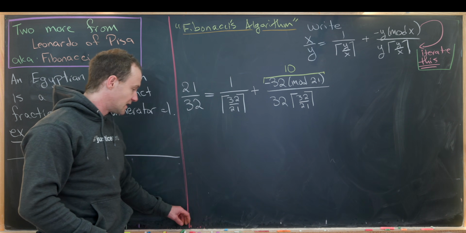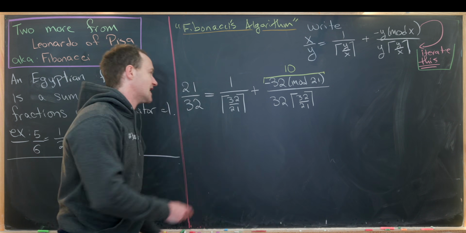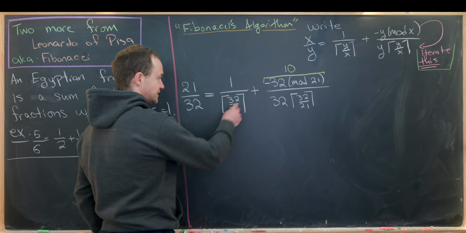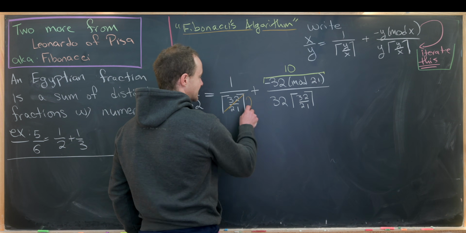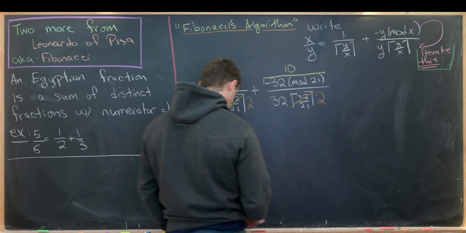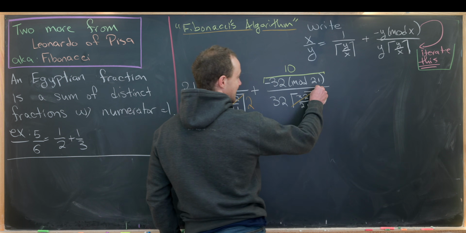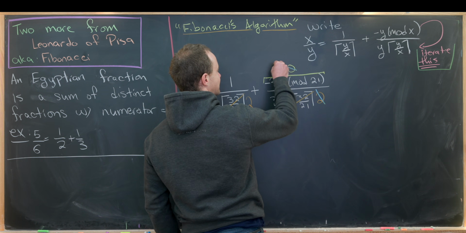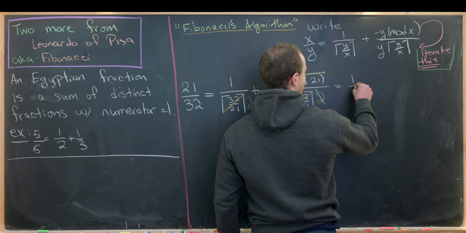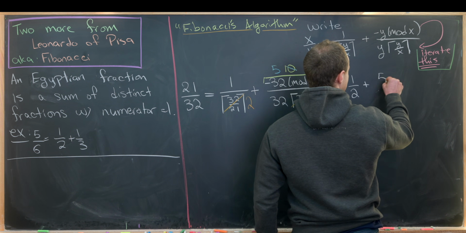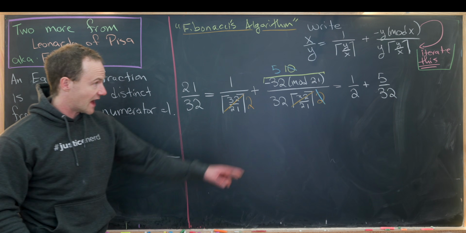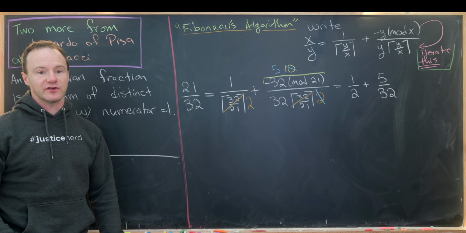Another thing to notice is that 32/21 is between 1 and 2, so when we take its ceiling, we get 2. Furthermore, when we take the ceiling here, we also get 2. That gives us a little bit of simplification. This 2 will simplify this down to the number 5. So at the moment we have 1/2 plus 5/32. And now we reiterate, starting with this 5/32.